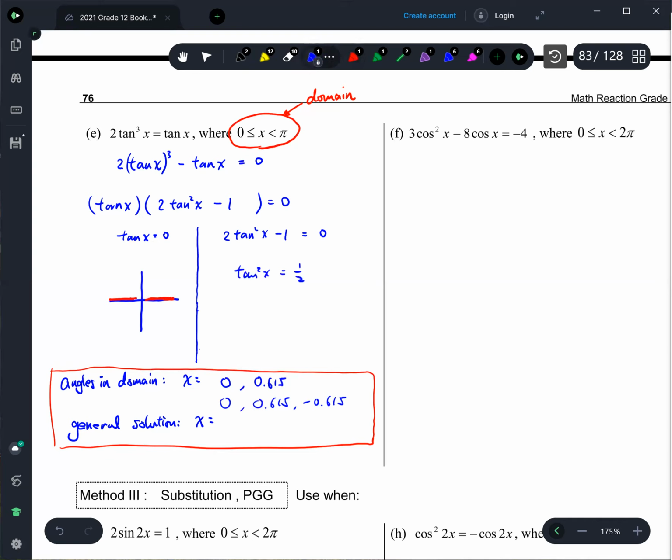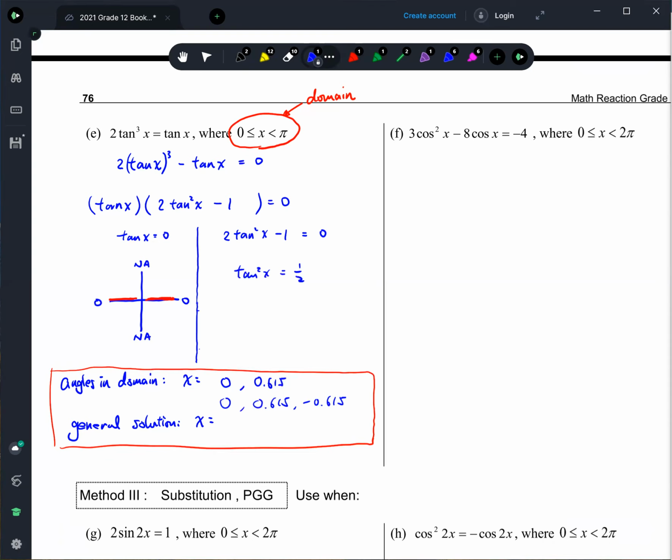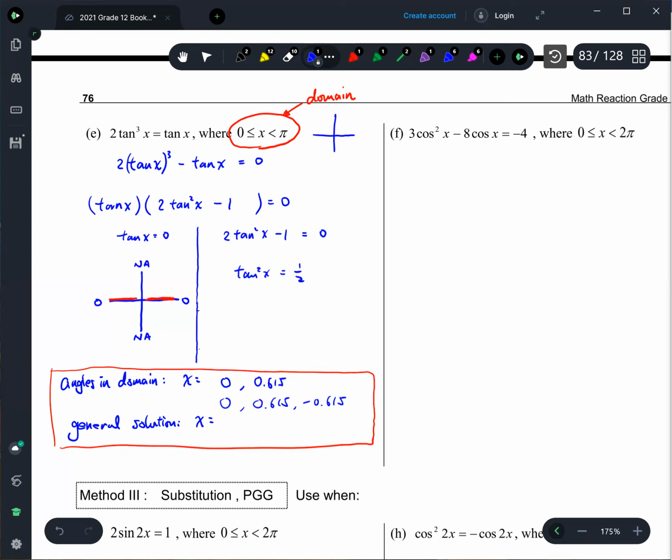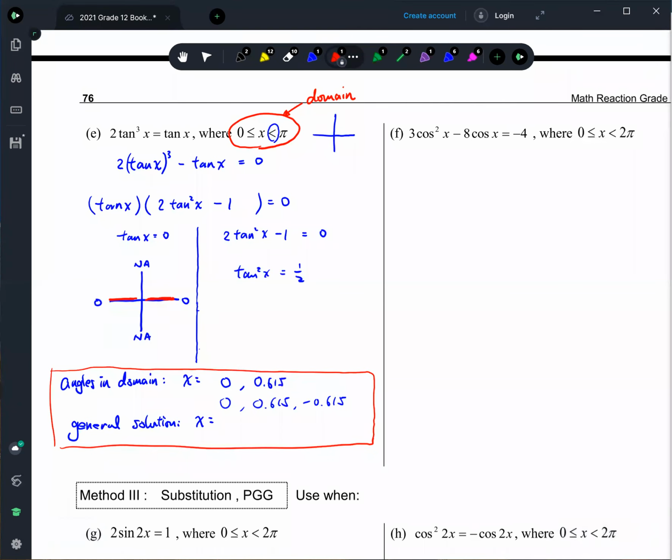Because for tangent it is undefined in the middle, 0, 0 on the side. Okay, so the domain is 0 to pi only, and it does not include pi, right? You see there's no equal sign. It's just less than pi. So we're looking for all the answers from 0 to pi.